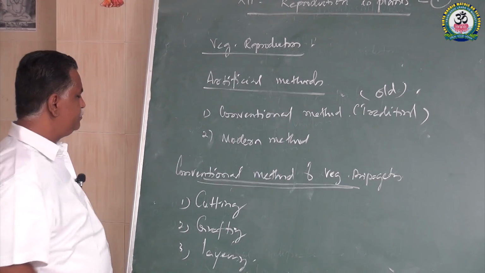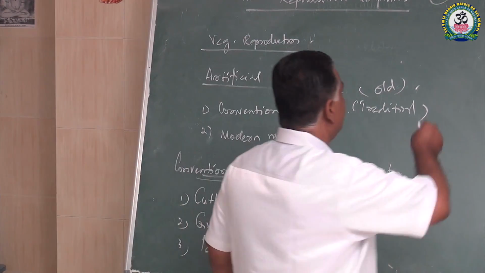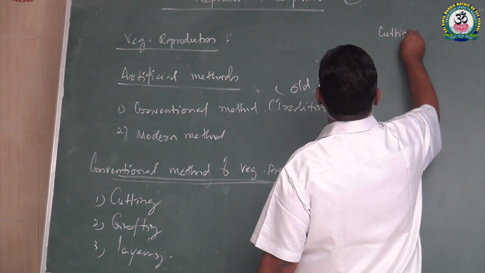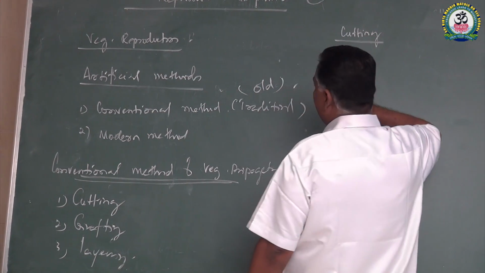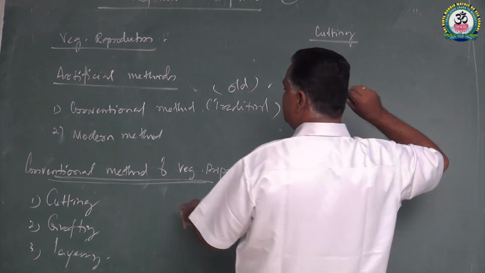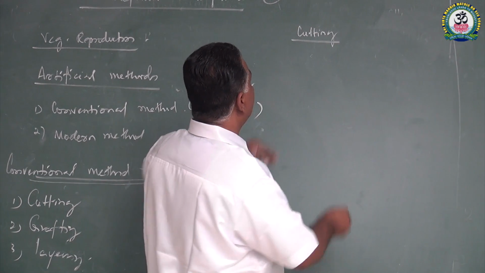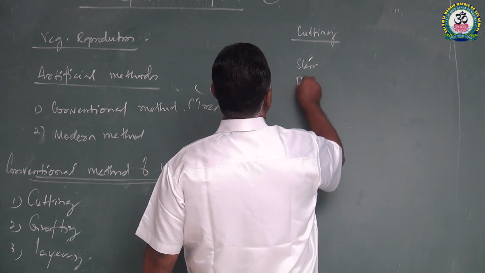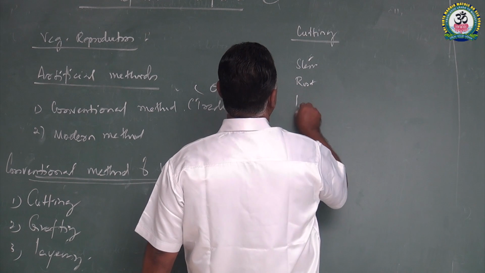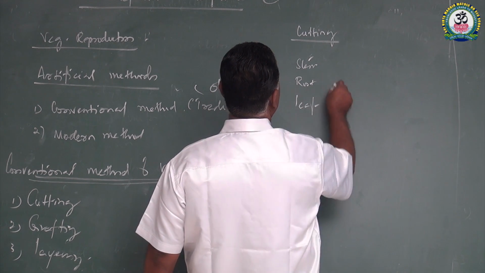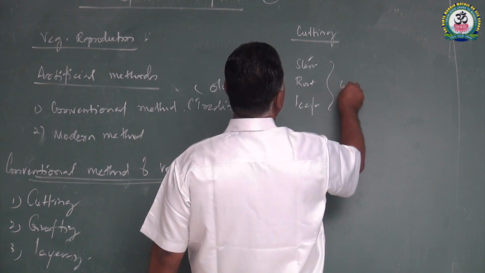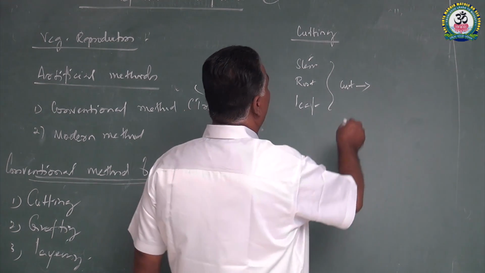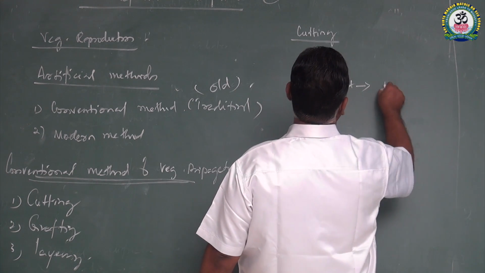What is cutting? See, cutting is a kind of vegetative reproduction by which either a part of the stem, root, or leaf is cut into pieces, and each piece will grow into an individual plant.